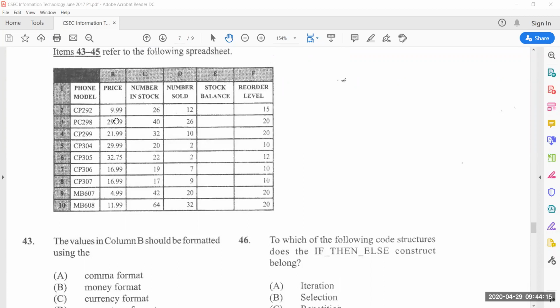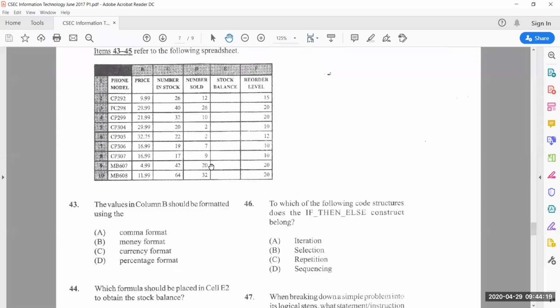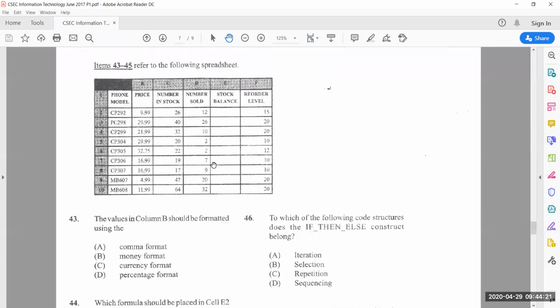All right, 43 to 45 refers to the spreadsheet below. So we have a table that has some phone models and stock and price information. The values in column B should be formatted using what type of format based on the data?